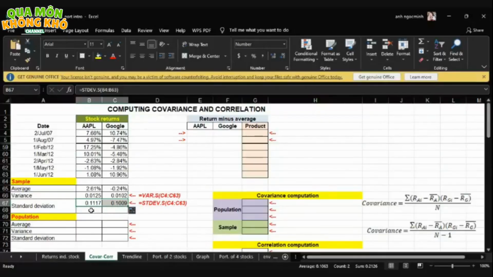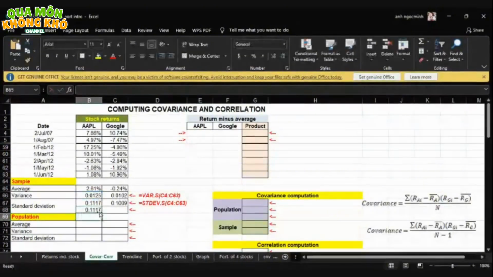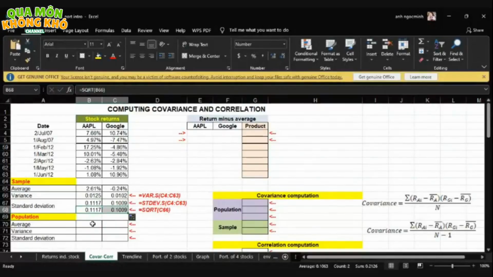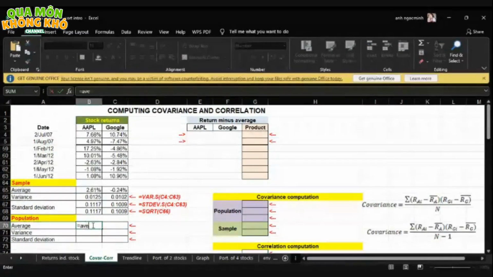For the standard deviation, we can also take the square root of the variance. We have two methods, and they give the same result. And here is the input for the population.